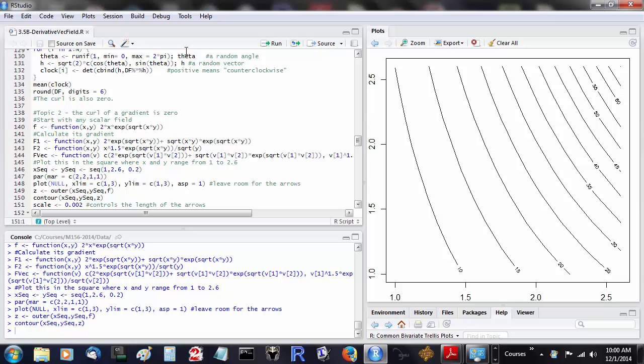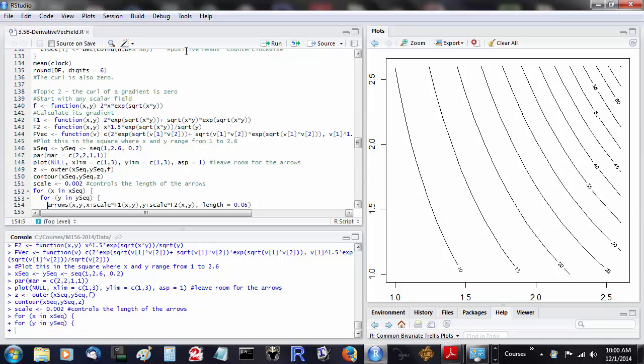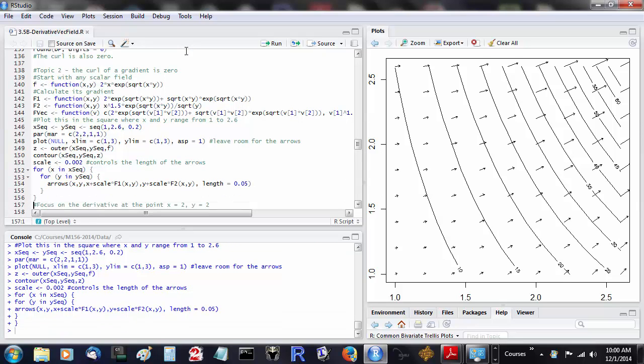There are some contour lines, and here are the arrows. And as you would have expected, the arrows are perpendicular to the contour lines. That's because the gradient always points perpendicular to the contour lines along the direction of greatest increase.